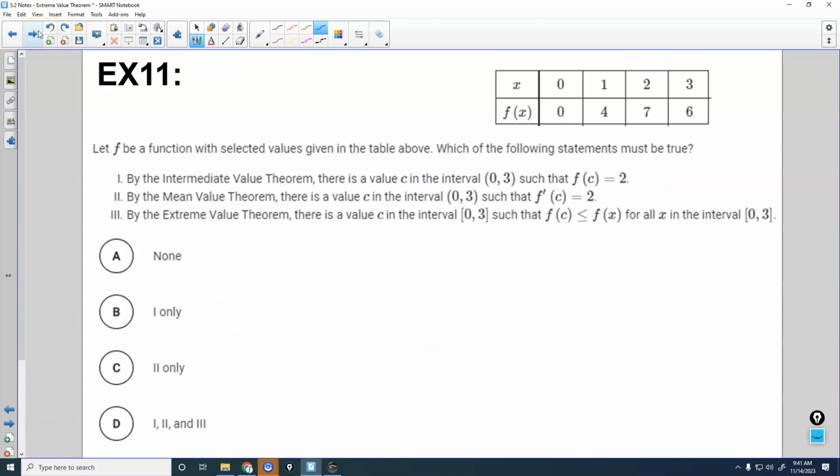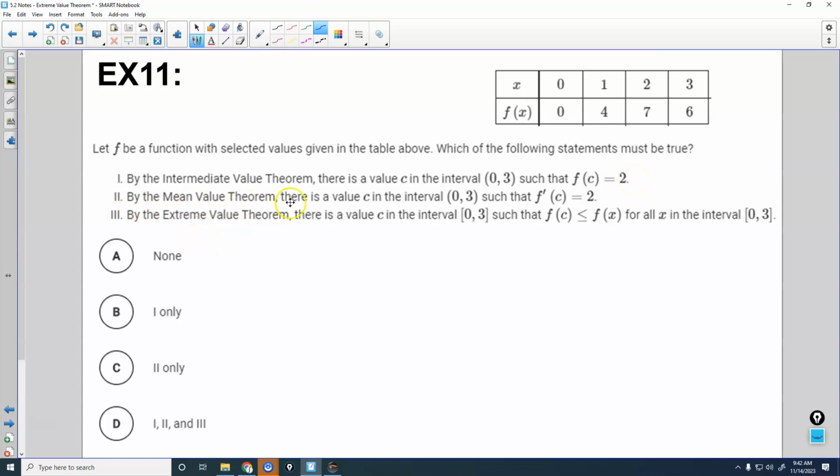All right, so let's look at this last one real quick. Let f be a function with selected values given. Which statement must be true? By the intermediate value theorem, there's a value c from 0 to 3 such that f of c equals 2.